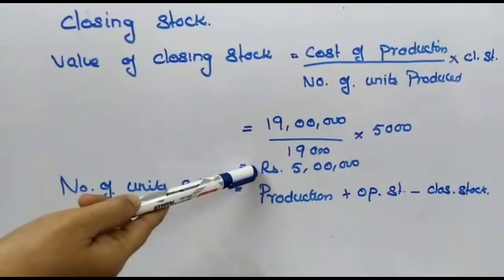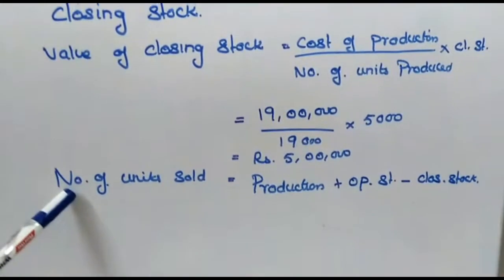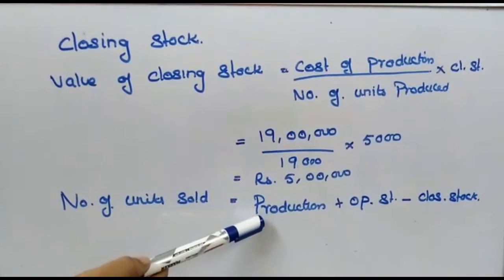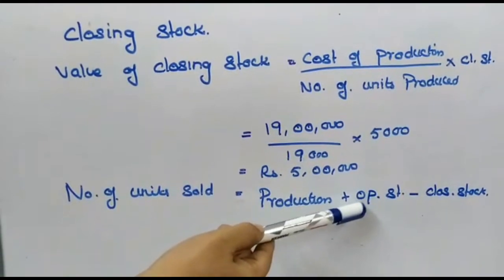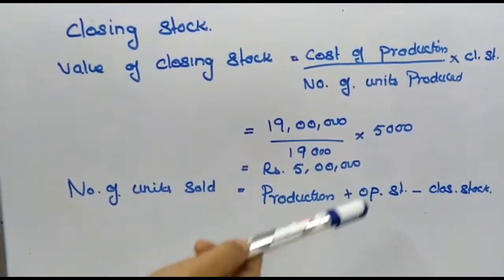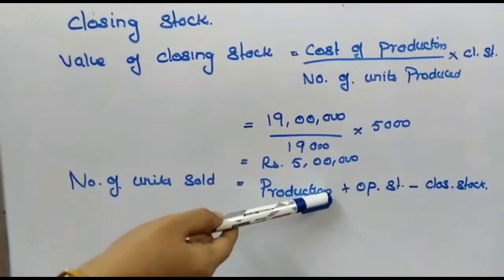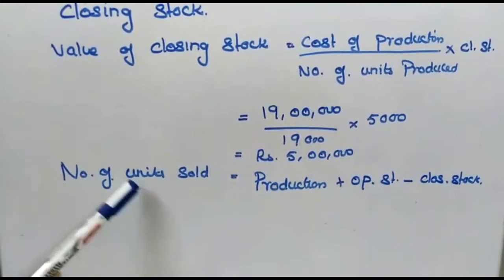Next we are going to see how to calculate the number of units sold. For that we take our production, which will be in the question, plus we add our opening stock, and next we less our closing stock.